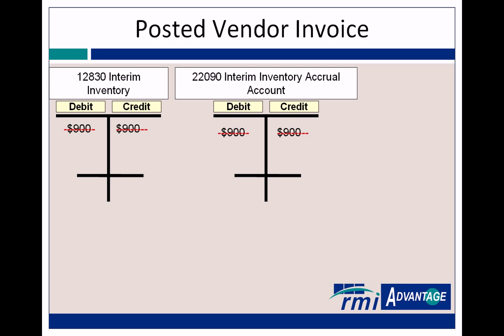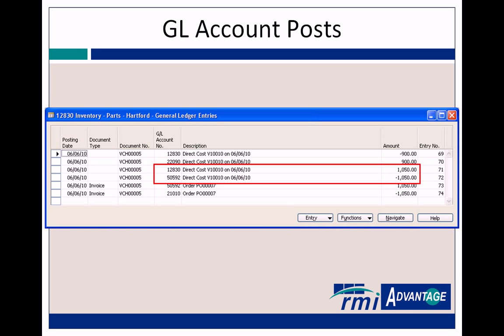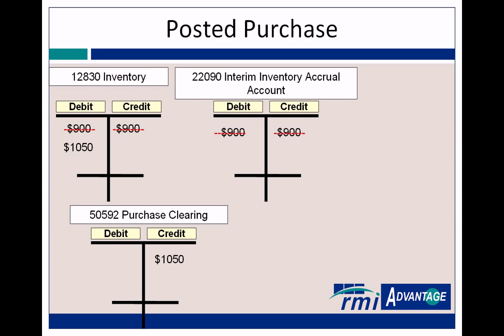The next GL entry that happened was for our $1,050, which was our $105 per bracket because our cost changed when we actually received our vendor invoice. If we take a look at our T accounts here, you'll notice that our inventory interim account is no longer interim.